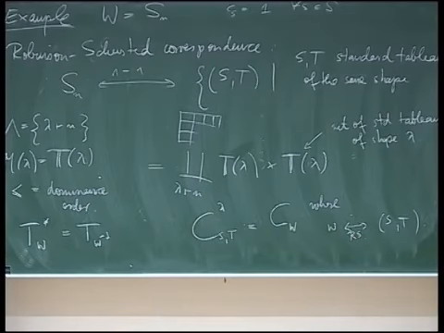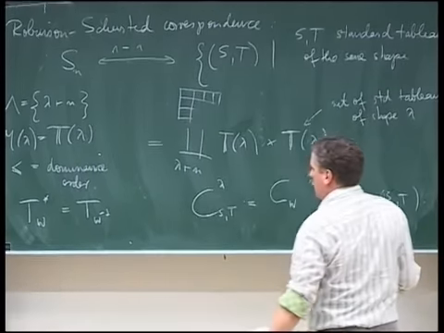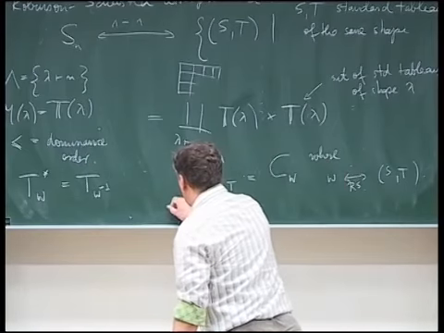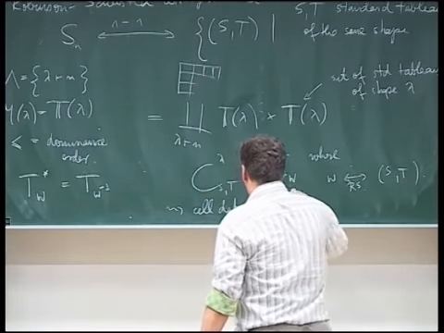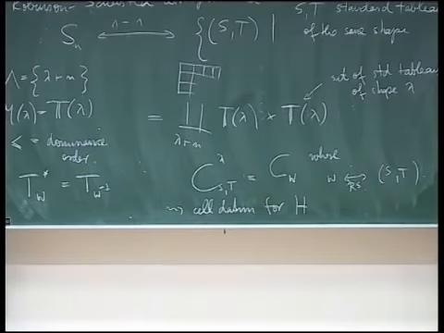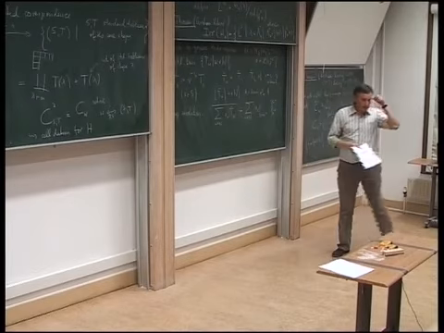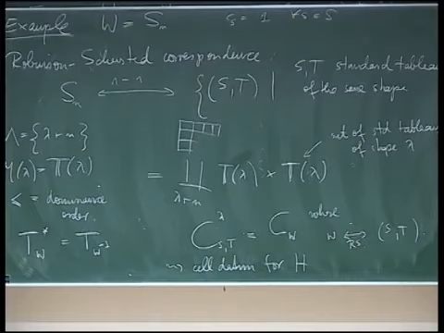And then the statement is that this quadruple is a cell datum for H. So this was already in the original article of Graham and Lehrer.